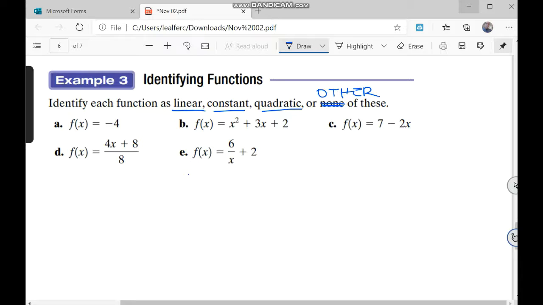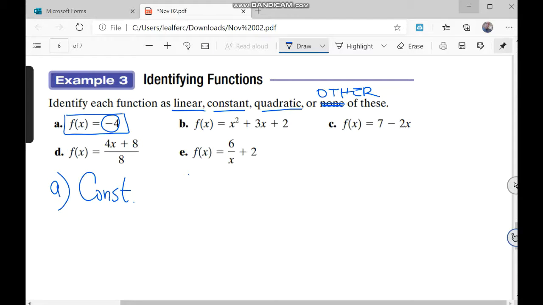For letter A, how do we do this? Check it out. We have f of x equals -4. -4 is a number. We don't have any variables. We just have a number as the function, right? So this is going to be a constant function.